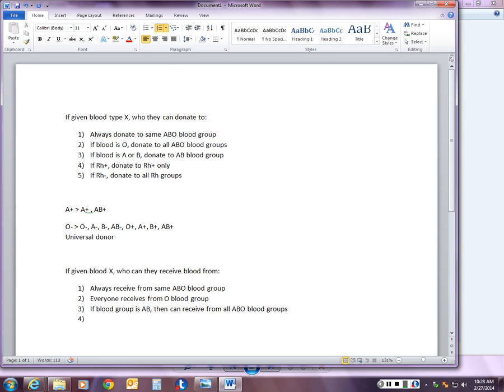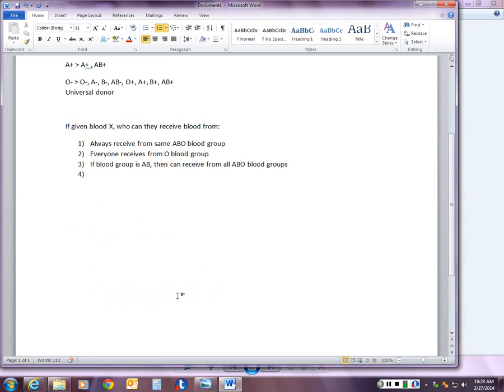Alright, so that will get you the list of complete individuals who a person of a given blood type could receive from. Now we also have to deal with the RH. So if the blood is RH positive, they can receive from all RH blood groups.